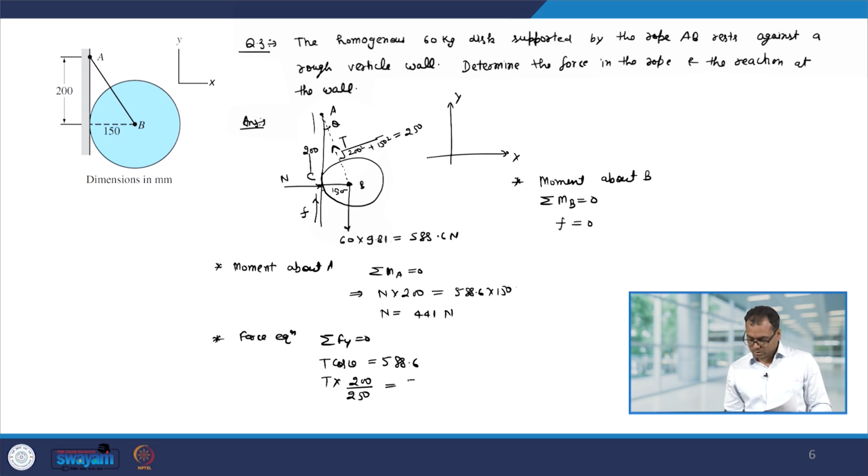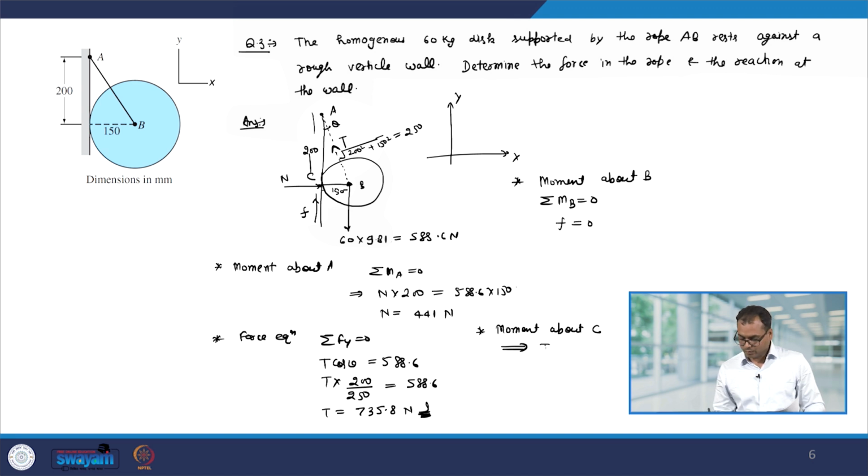So, this should be equal to 588.6. Therefore, T comes out to be 735.8 Newton. Now, we can also find T just by taking the moment about C. So, this you can take as homework. Moment about C can also give you T.